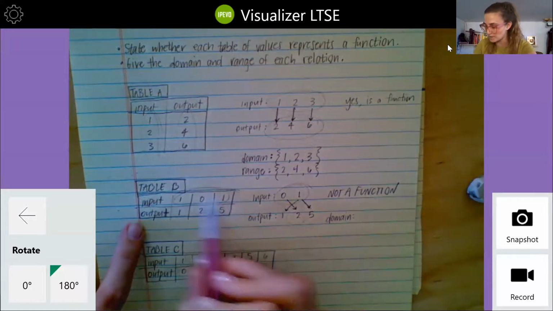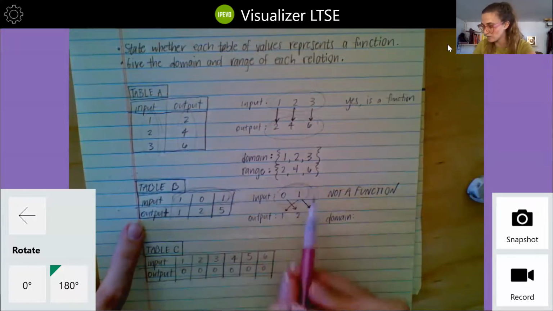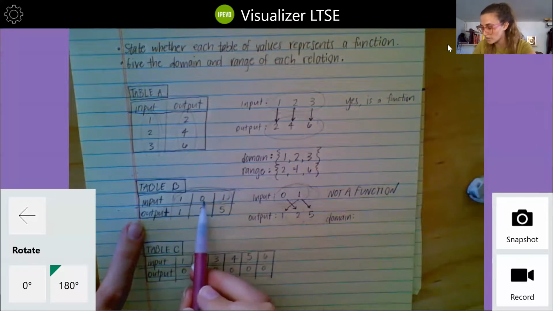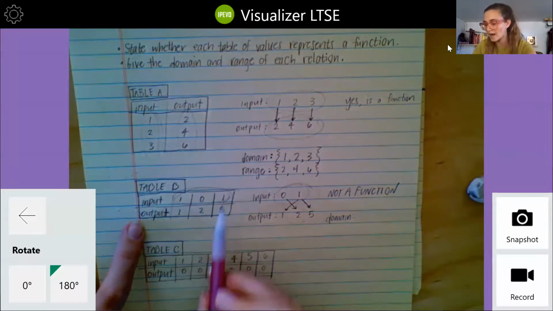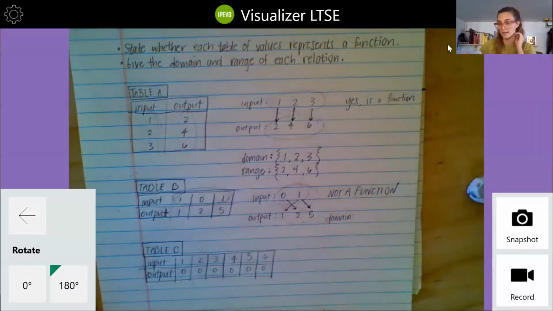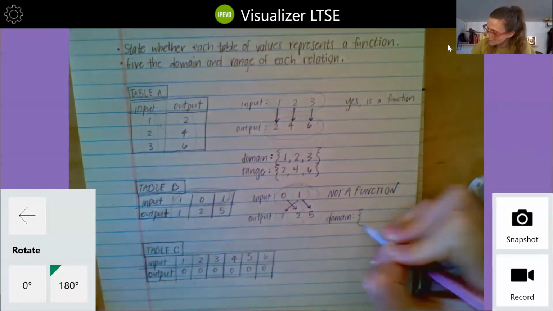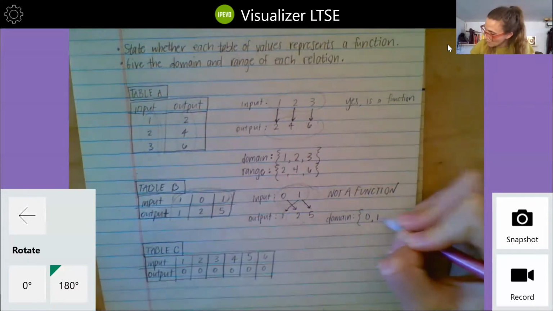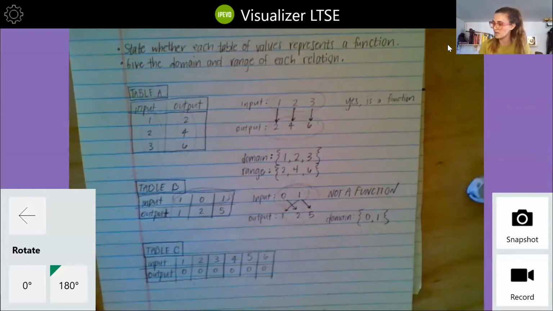You just might prefer one over the other. But okay, so again, my domain is my input values. So that's just 0 and 1. I don't need to write the 1 2 different times. I can just write it the 1 time. My domain is 0 and 1. And how about you pause the video and write out your range, and then I'll go over it in just a second.